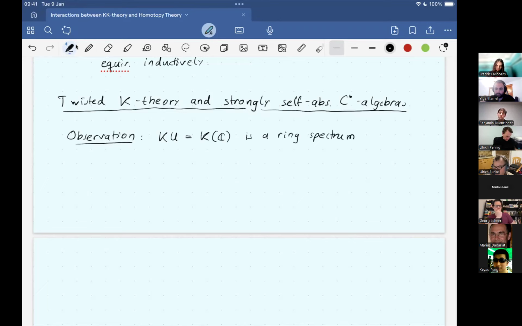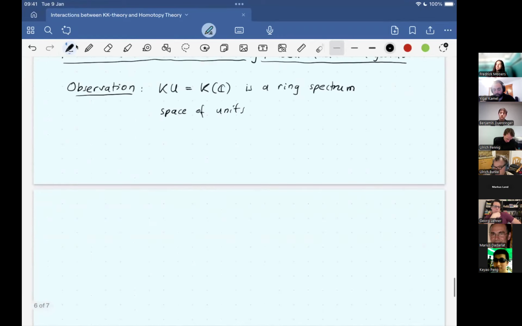It's a commutative ring spectrum. So there's a space of units that this has, which is usually denoted by GL1 of KU, and it's defined using a pullback diagram.